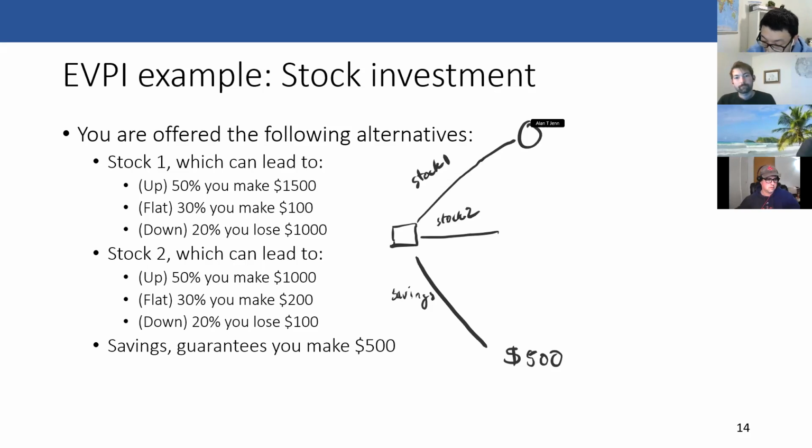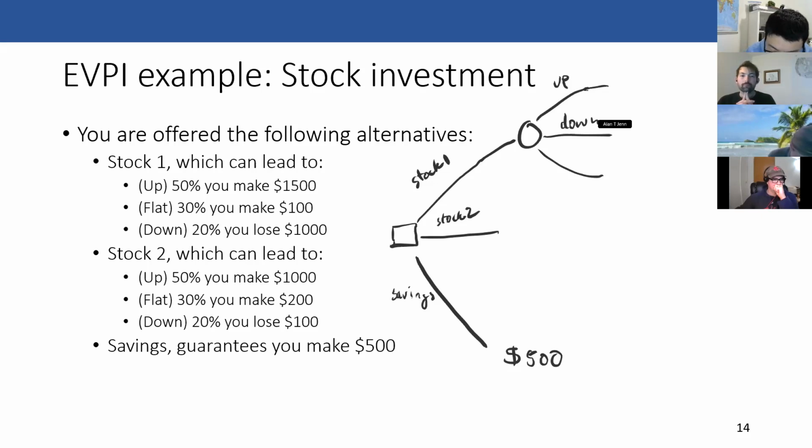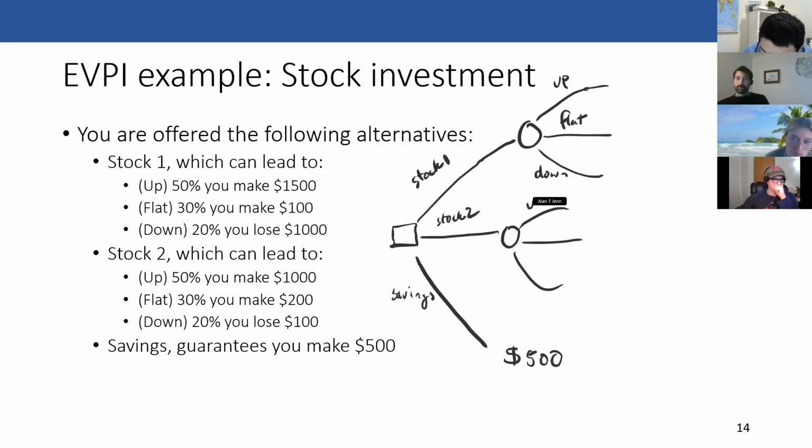And for stock 1, we have 3 possible outcomes. It can go up, it can be flat, or it can go down.